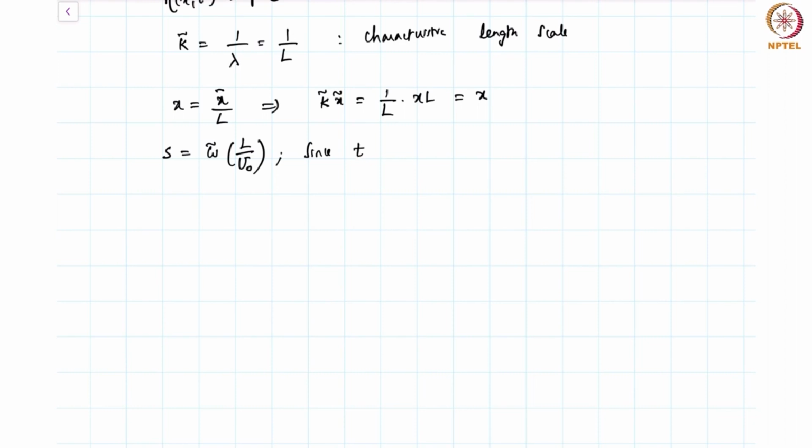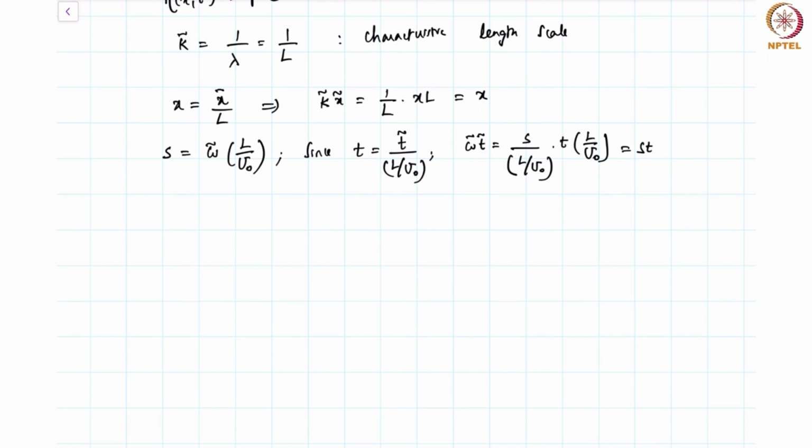Since we have the non-dimensional time t tilde to be L by u naught, we simply have omega tilde t tilde will become S by L by u naught multiplied by t into L by u naught, and this simply becomes St.